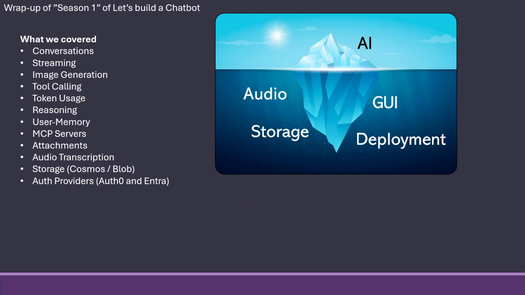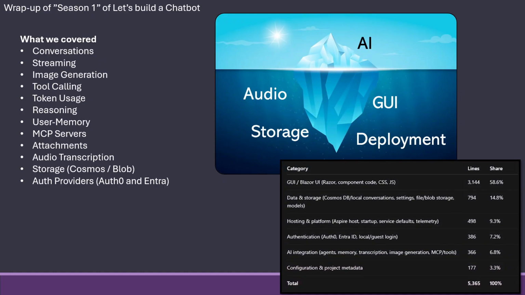It's often just a little tip of the iceberg, but we do a lot of other things: deployment, storage, GUI, audio, configuration, and so on and so forth. So no matter how we build code, we always need more than just the AI. And to just prove that a bit, I made a small summary of what we have done so far.